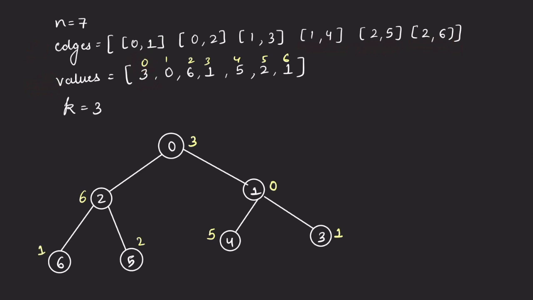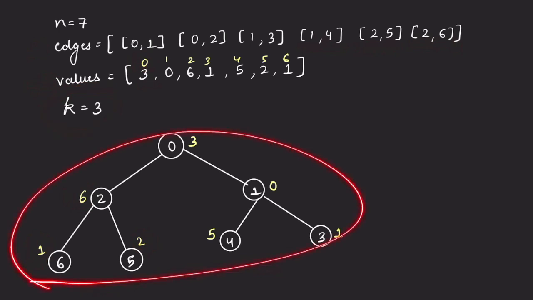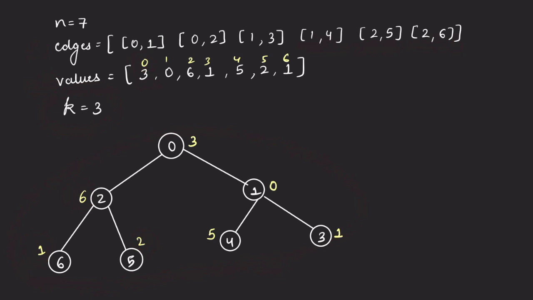Now what we need to do is split this undirected tree into some number of components by removing some edges, such that in each component, the sum of the node values is divisible by k. If I consider this entire tree, right now this is one component, all the nodes are connected with each other.